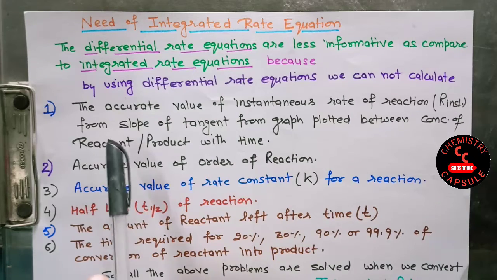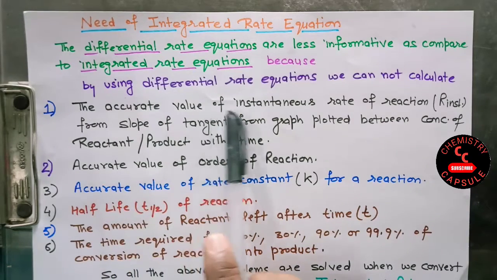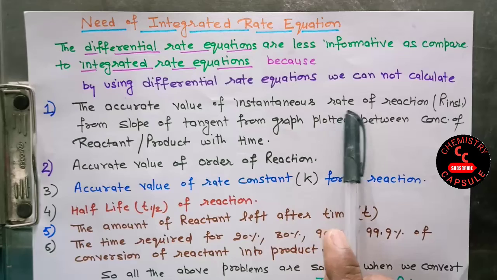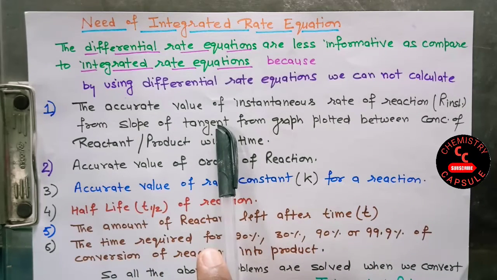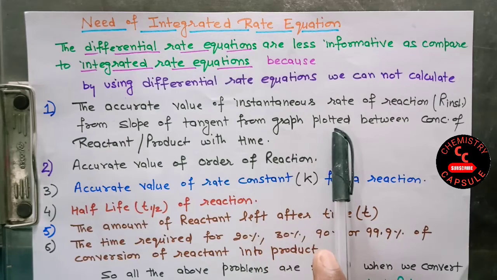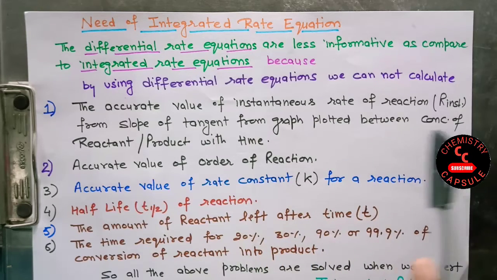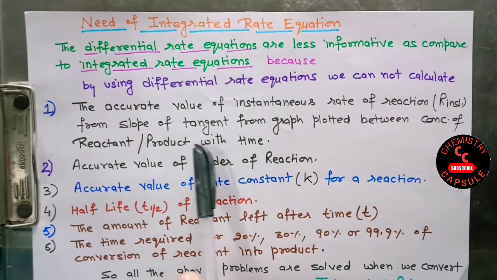First one is, we cannot calculate the accurate value of instantaneous rate of reaction by using the slope of tangent from the graph, which is plotted between concentration of reactant or product with time. So we cannot calculate the actual value of instantaneous rate of reaction by the graph which is plotted between concentration of reactant or product with time.